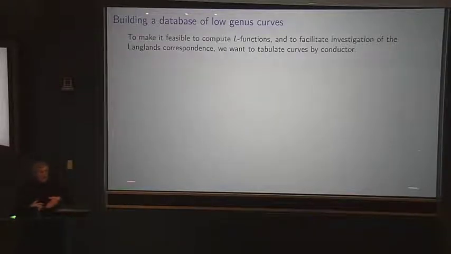And when you get to higher dimension, there's a lot more room to play with. So for genus 2 curves, their L-functions should correspond to Siegel modular forms, and you need to be very precise about exactly what constraints you put on your side in the automorphic world to get a one-to-one correspondence. Even in genus 2, there have already been several cases where the initial statement of the conjecture was found to be mistaken.